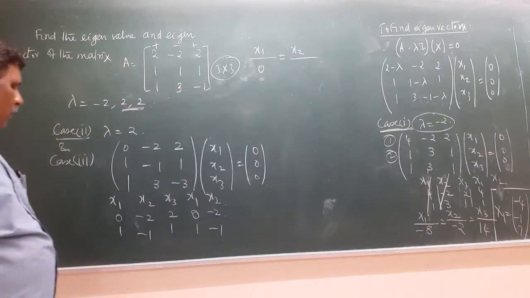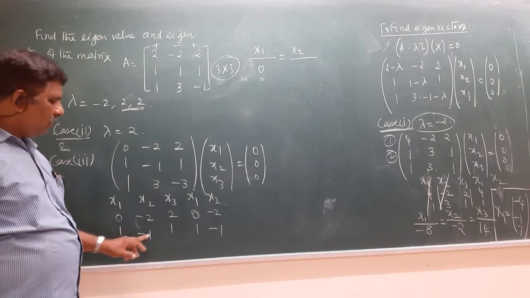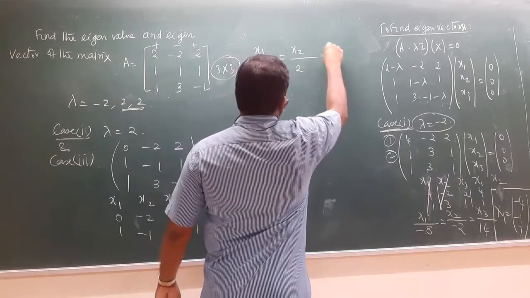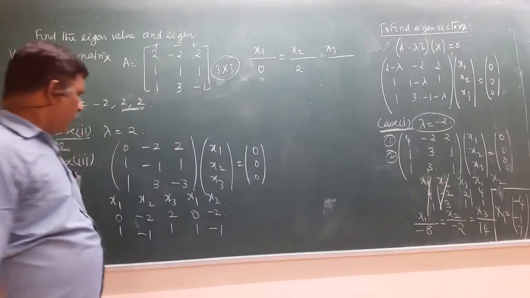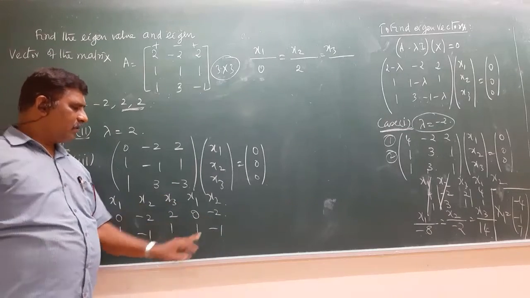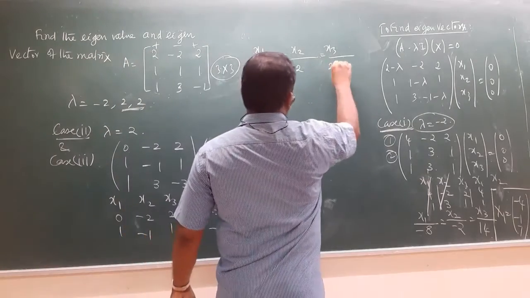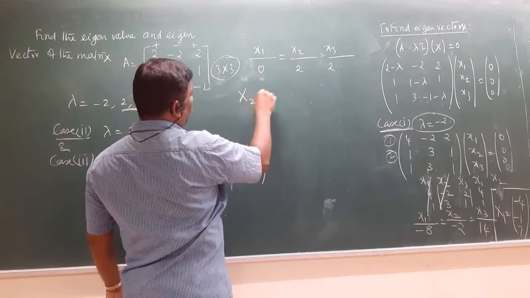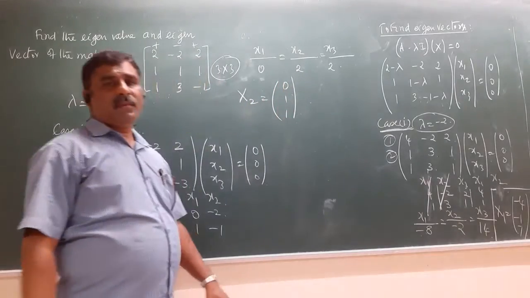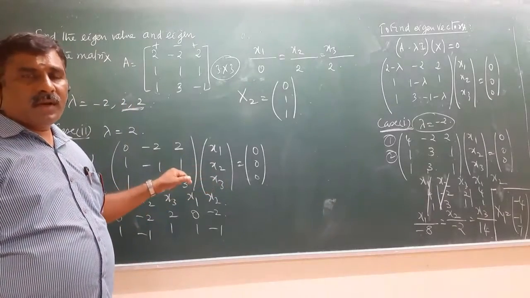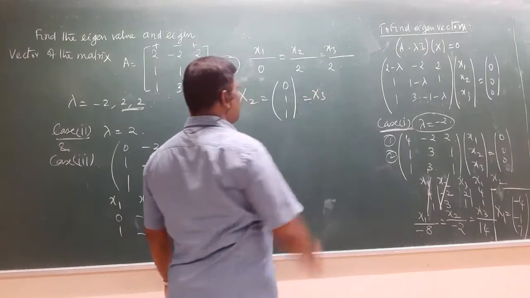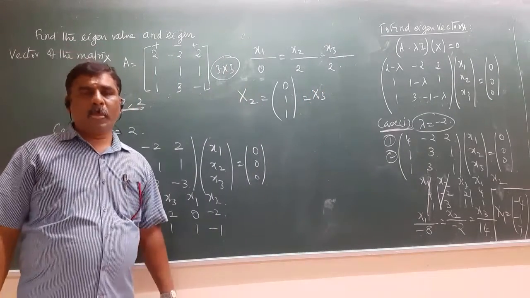For x2, leave the x2 column, so here 2. For x3, leave the x3 column, then find the determinant of these two values, plus 2. So what is the eigenvector here? x2 equal to 0, 1, 1. It is the eigenvector for the other lambda equal to 2. So x3 equal to 0, 1, 1.